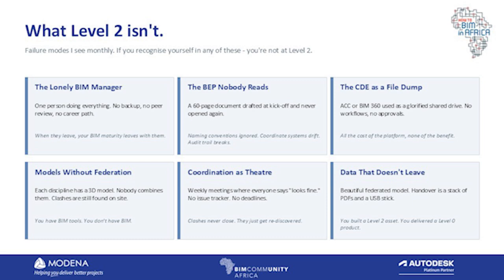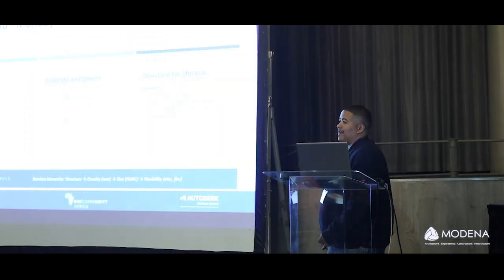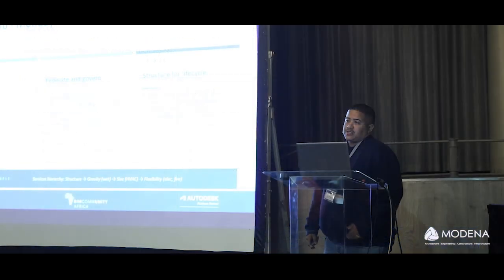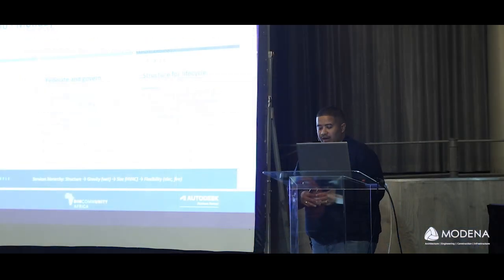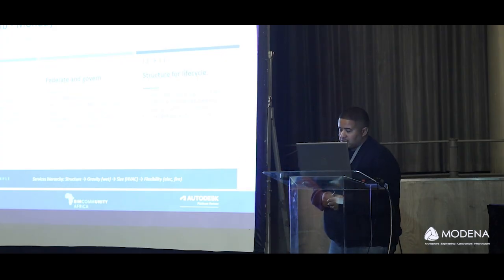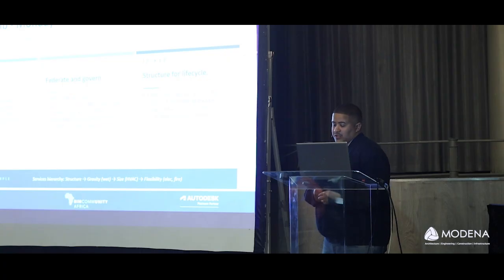So the question is, how do we climb this? This is called the Monday morning vibes. And the question is, how do we start climbing the ladder? So essentially, you start small. If you realize that you're on level 1, how do you get to level 2 or level 3? You basically start small. To get to level 1, stop emailing files and PDFs, etc., because they do get lost.